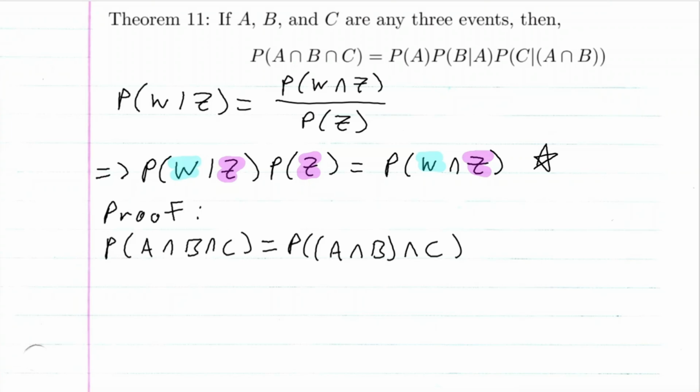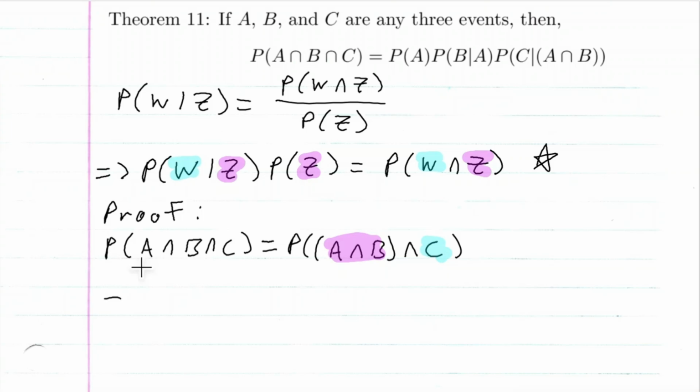So let me go to my markup. For A intersection B, that's going to be my purple, and then my C is going to be blue. So notice here, that means I need to flip them a little bit.